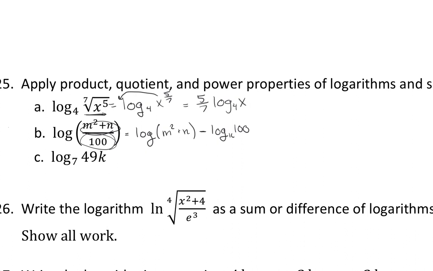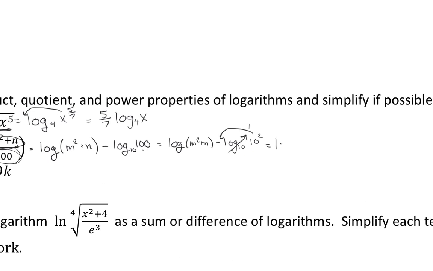Right, and what we know is log has an understood base 10. There's 1, 2 zeros, so this is going to be equal to log of m squared plus n, and that exponent is going to go to the front. This is going to go to 1, and that's going to give us log of m squared plus n minus 2. And that's the furthest we can simplify that.